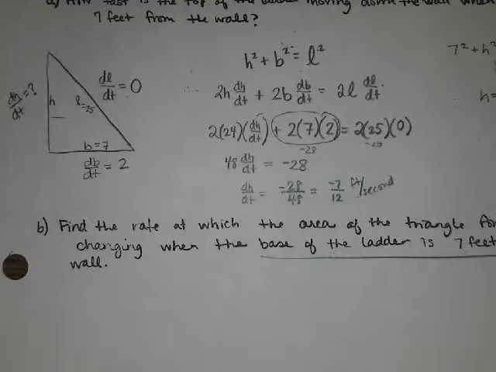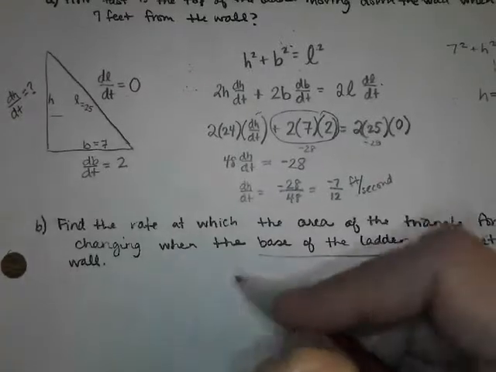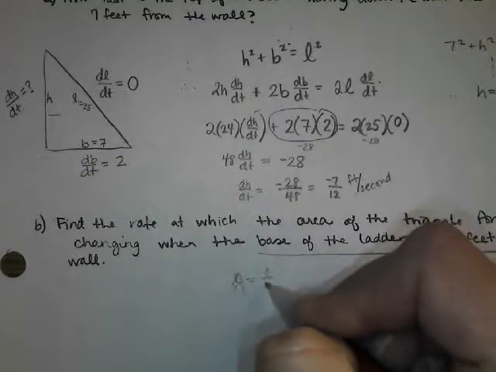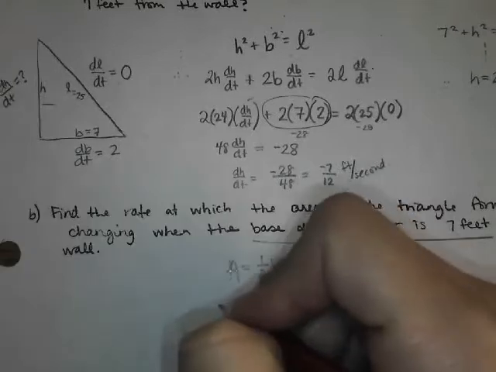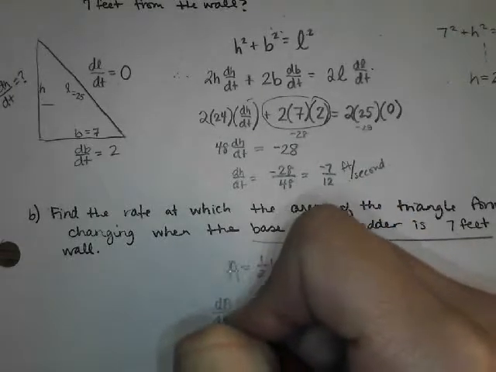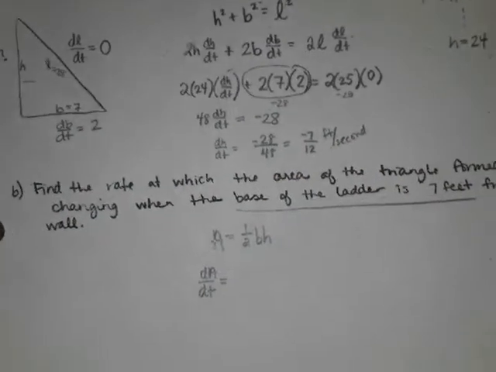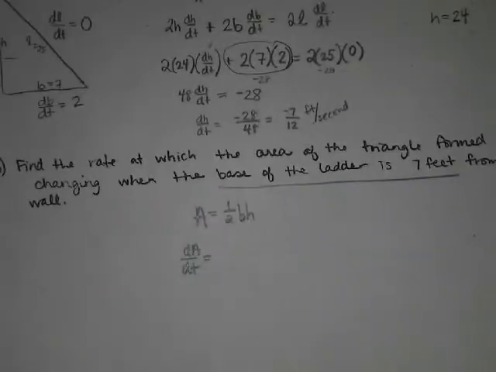So what formula should we use and derive here? 1/2 BH. Area equals 1/2 BH. Perfect. So when I derive this, I have dA/dt equals. How about when we take the derivative of the right-hand side here?